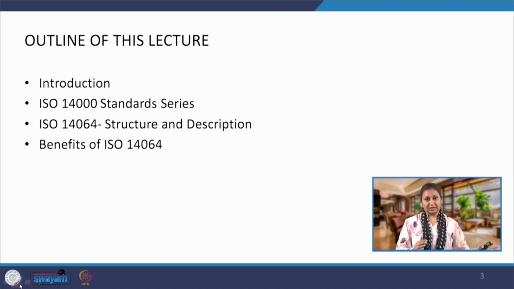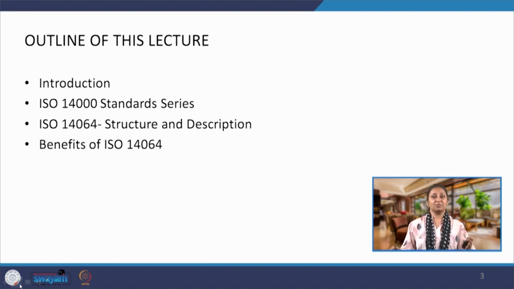So, this is a standard and the GHG protocol is a protocol. This is the difference that we have to understand, and watch what each one of these covers and how they complement each other towards greenhouse gas accounting. The ultimate objective is greenhouse gas accounting only. That is what we are going to look at in ISO 14064.